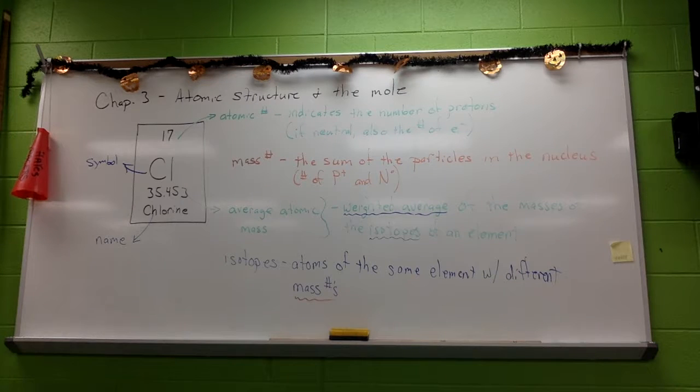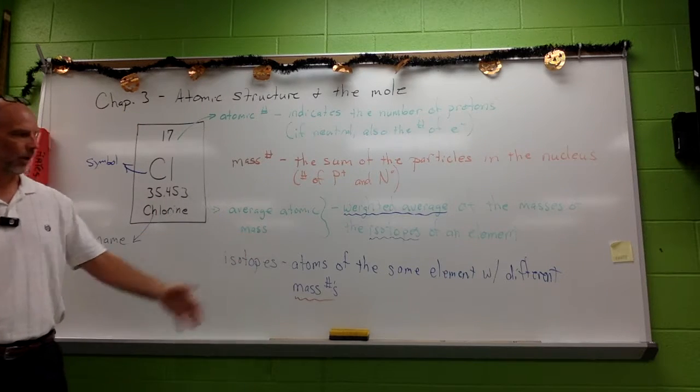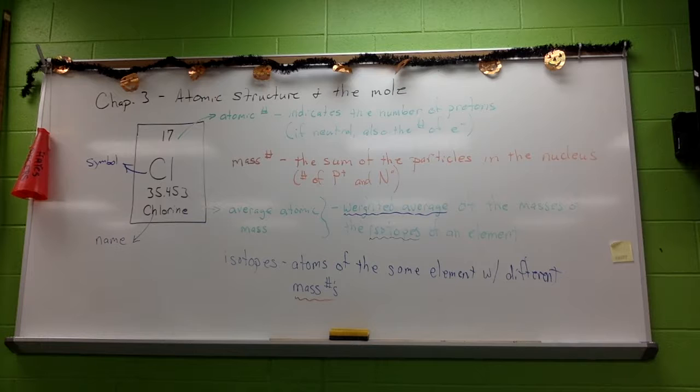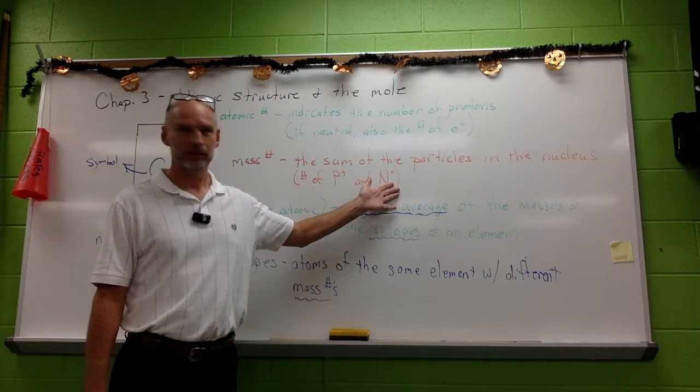In fact, that's how we identify the element. It's got 17 protons, chlorine. If it has 18 protons, it's argon. Okay, so the atomic number, or the number of protons, identifies the element. But now I'm telling you that, wait a minute, isotopes are atoms of the same element with different mass numbers, and the mass number is the number of protons and neutrons. Yes?